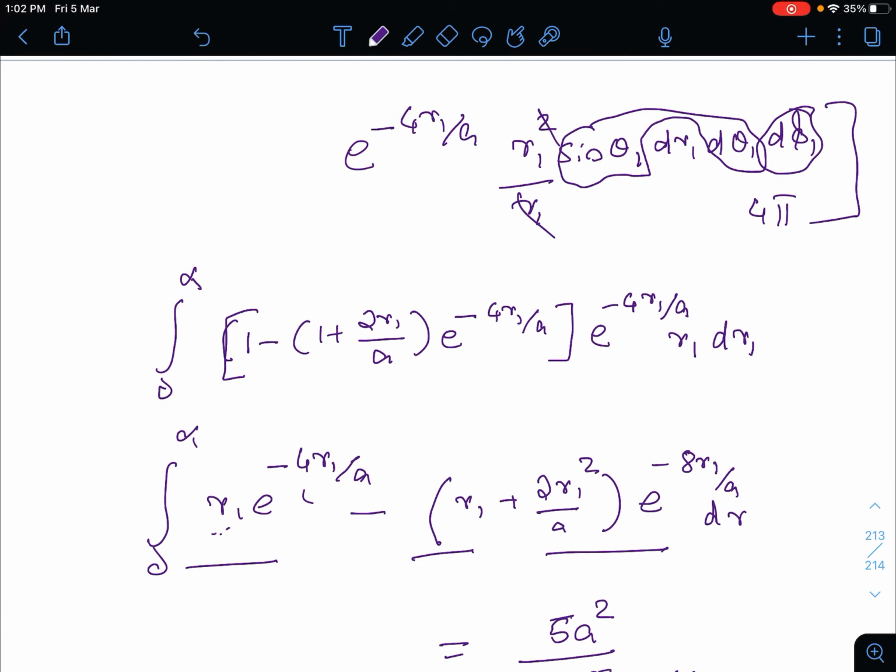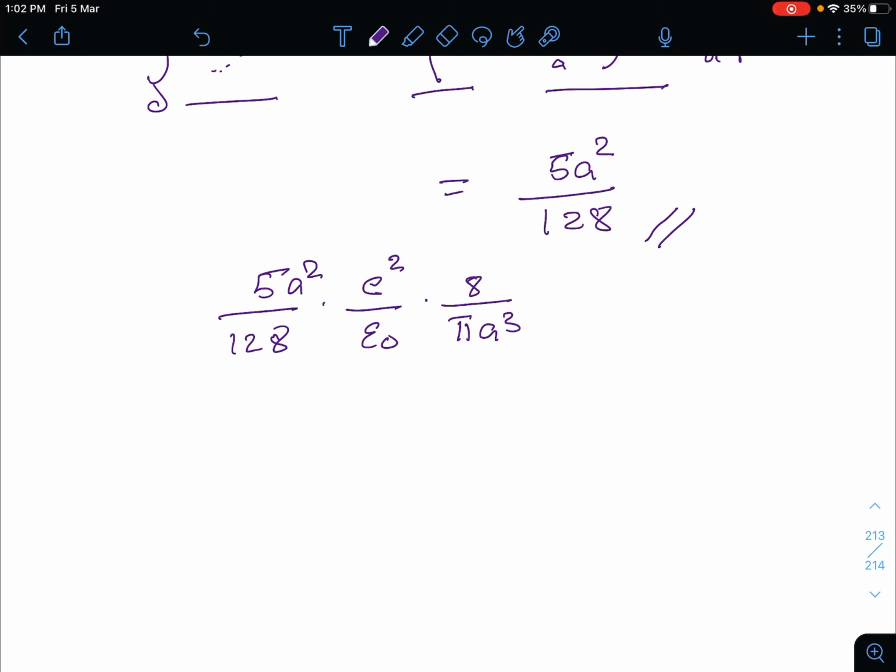That is all. So a cube and a square get cancelled.